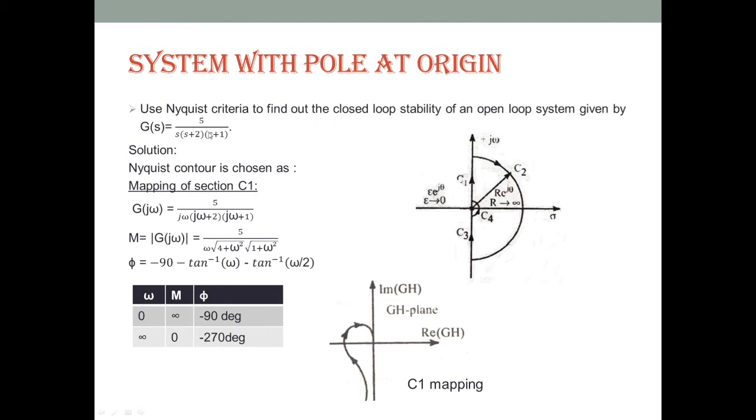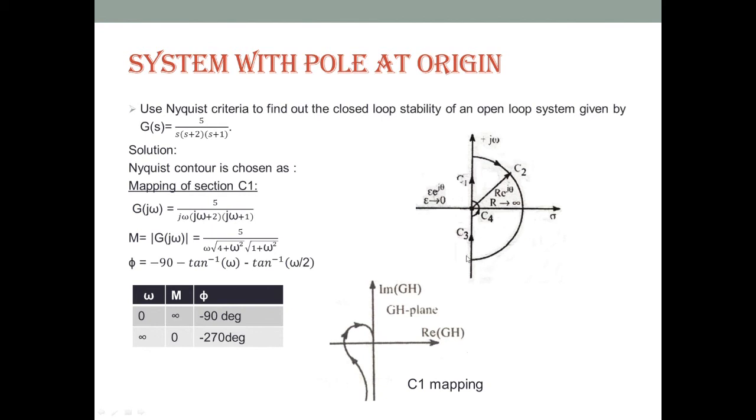For this type of transfer function, we need to choose contours with a C4 section which bypasses the origin. C1 is the same, with omega varying from 0 to infinity. For C2, it is the infinite radius semicircular arc, with theta varying from plus 90 to minus 90.